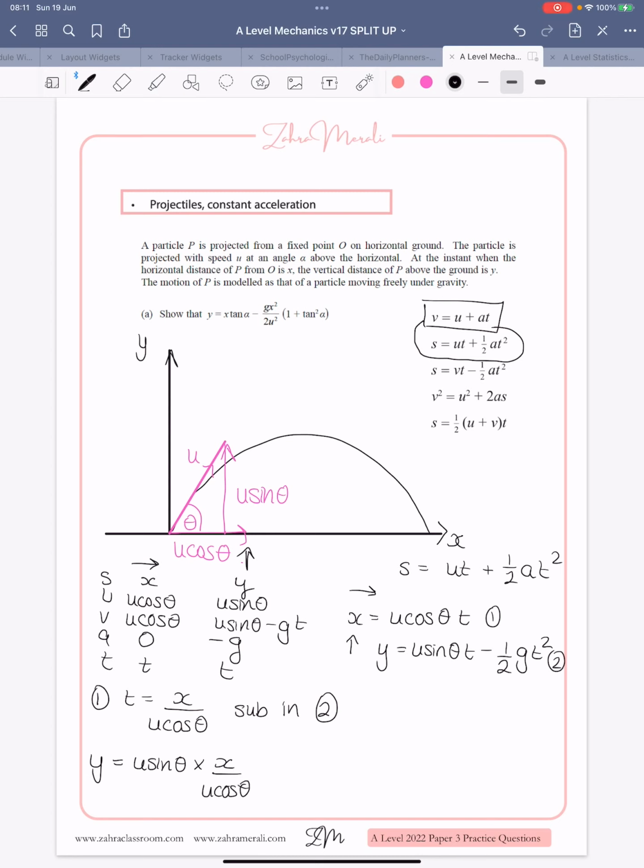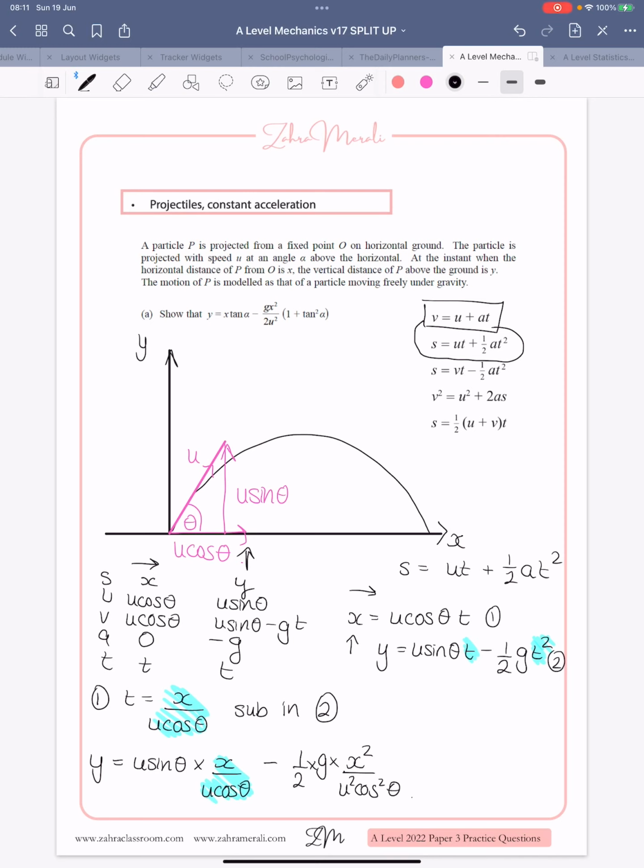So what I've done is I'm substituting. So essentially I'm taking all of this and putting it here and here, right? So that blue bit is the same as this bit. And then we're going to have minus a half times g times t squared. So x squared over u squared cos squared theta.